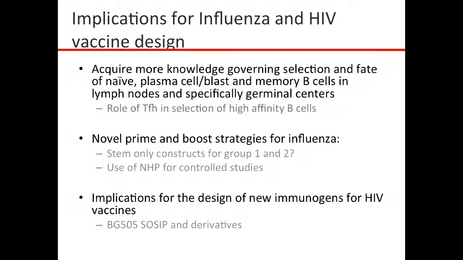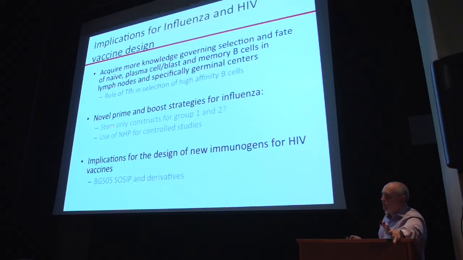Novel prime and boost strategies for influenza. For example, if we prime with full-length head and stem, and then come back and we boost with stem. We're trying to work out some of these actual vaccine regimens now. And we can do this in NHP, in very controlled studies. And this does have implications for the design of new immunogens for HIV.